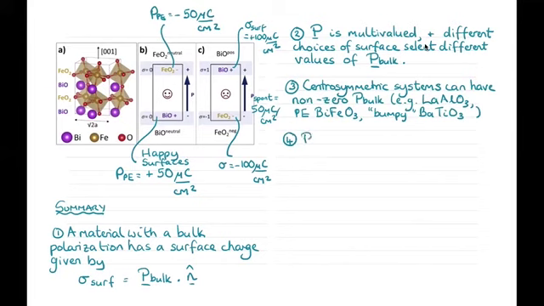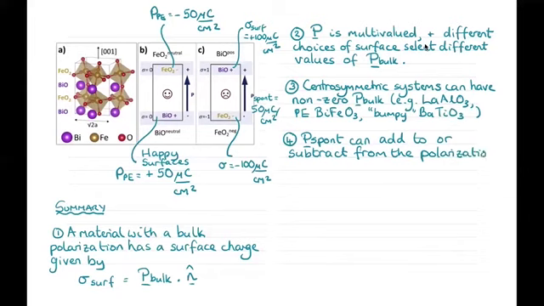And in the example of bismuth ferrite, we saw that the spontaneous polarization can add to or subtract from the polarization from the ionic layer charges.